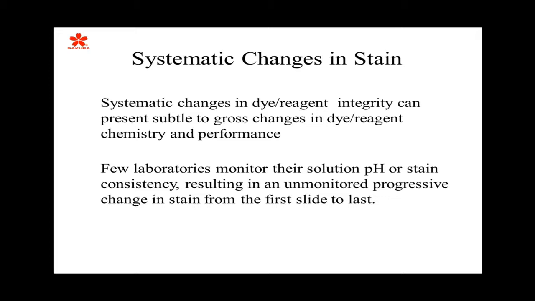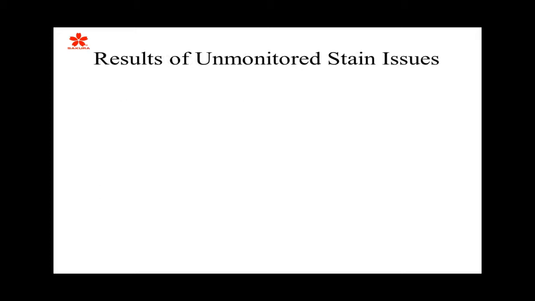Very few laboratories look at their slide quality midway through or at the end. We basically check it at the beginning, we run it through, and unless the pathologist complains, we really don't make any changes to that. But I want to make the point that there are subtle changes happening because the chemistries in those dyes and reagents are subtly and slowly changing.